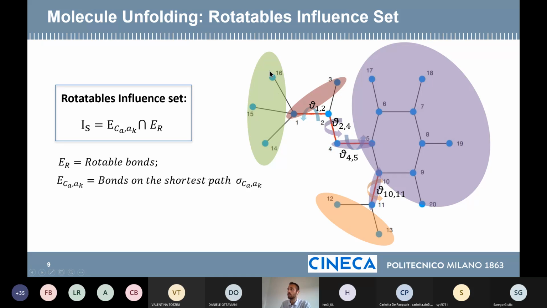If you want instead to calculate the distance between 19 and 13, you don't go along a path that includes 3, for example. You go straight to this part, starting from 19. So you have to consider first the shortest path, and then only the rotatable bonds that are inside the shortest path.